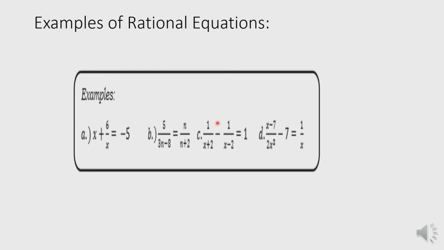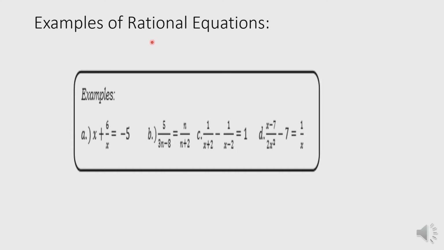This is also fractional. In our definition of a rational equation, you need at least one fractional form. So therefore, C is also a rational equation. Same thing in letter D. This is a fractional form, also this one. So these are now examples of rational equations.